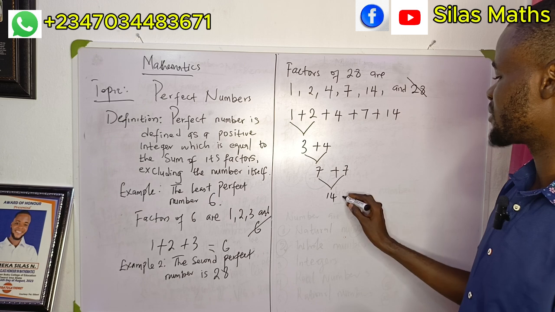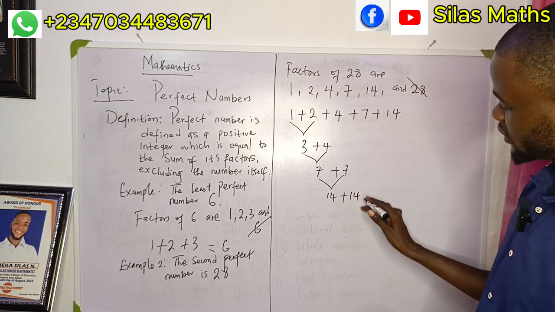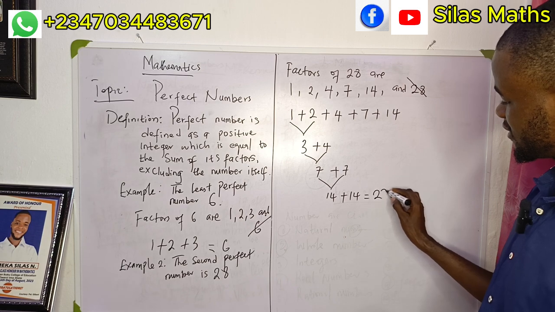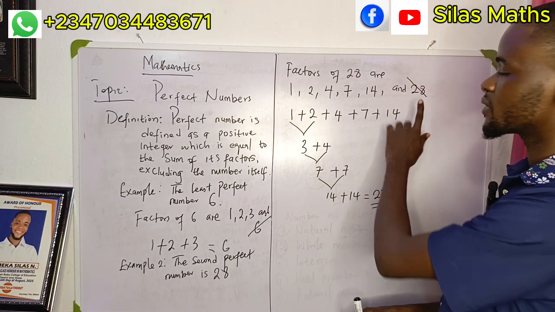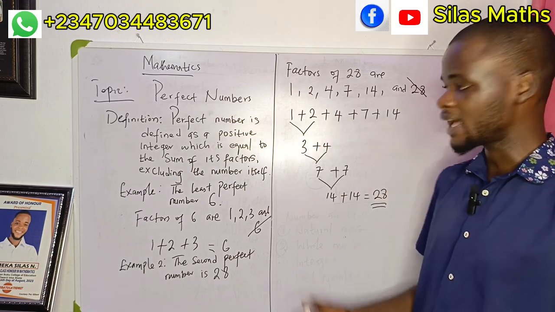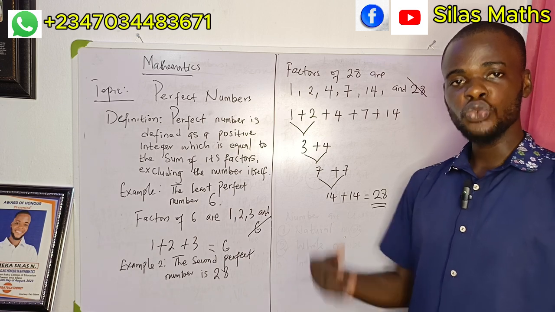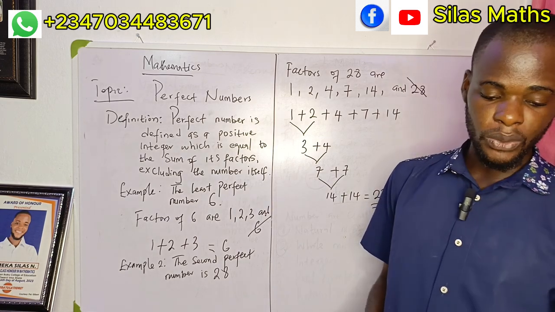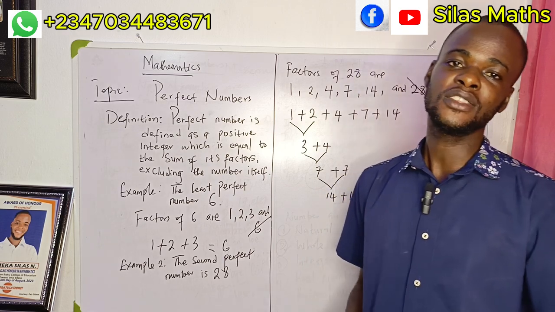Then we add the last number, 14: 14 plus 14 gives us 28. So you see, when we add all the factors of 28, excluding 28 itself, it gave us the number itself. That means 28 is a perfect number. We also have another number, which is 496, and so many others that are perfect numbers.